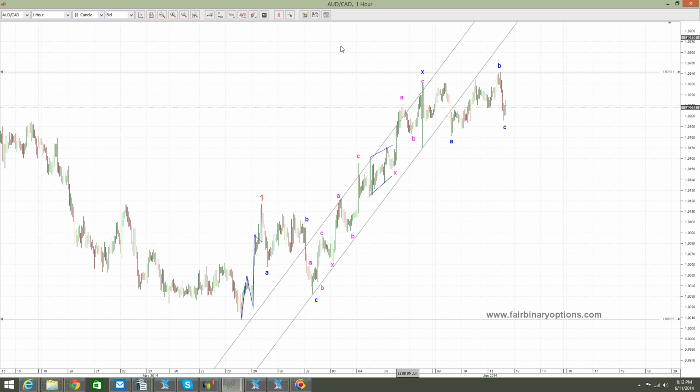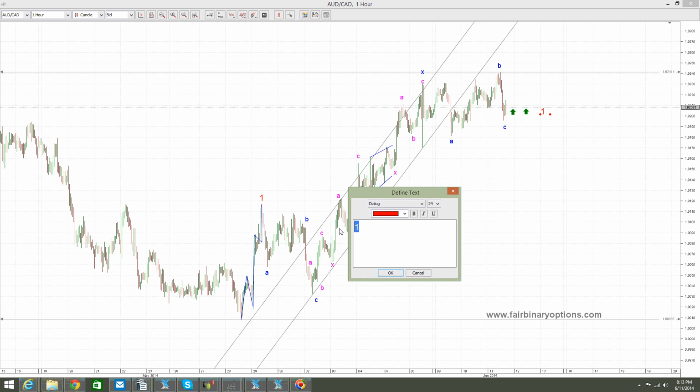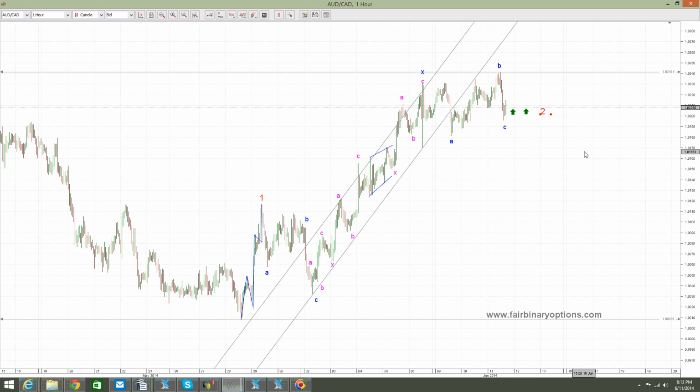Long story short, we would like to buy call options here, either if this is a running variation of a contracting triangle in the end to complete the second wave out of this degree, or this one ends up being a horizontal contracting triangle, an irregular variation of a contracting triangle. It is exactly the same.